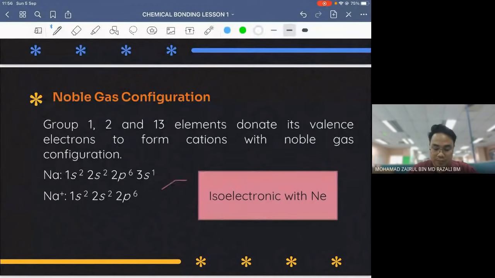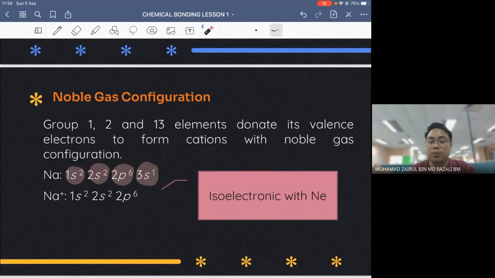Okay, so for example, sodium. Sodium is an element with 11 protons. So the electronic configuration for sodium is 1s2, 2s2, 2p6, 3s1. In order to achieve octet, sodium needs to remove 1 electron. Okay, and the electron will be removed from the highest energy orbital, which in this case is the 3s orbital.